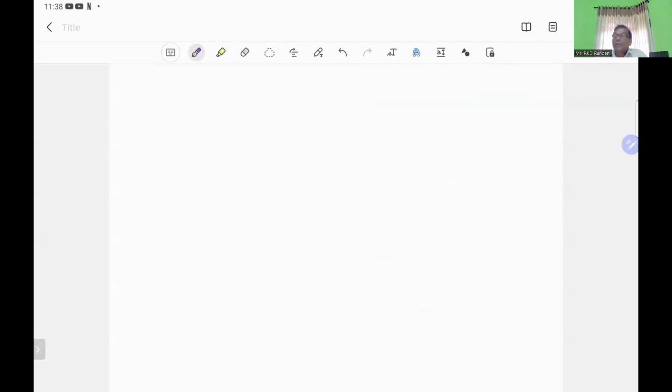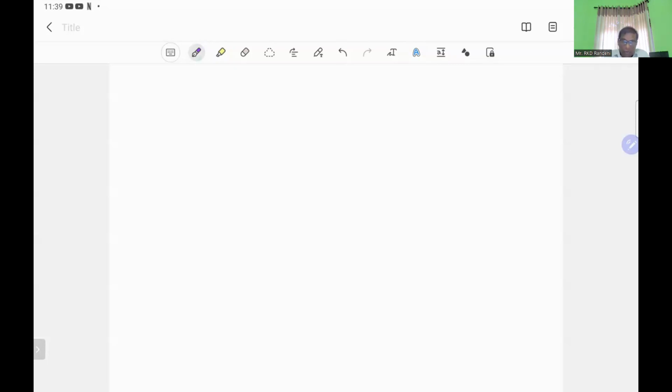Now, according to the assumptions, you can derive the indifference curve. According to this theory, you can derive the indifference curve.